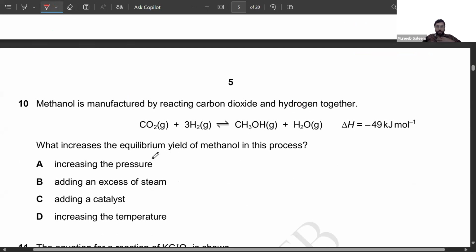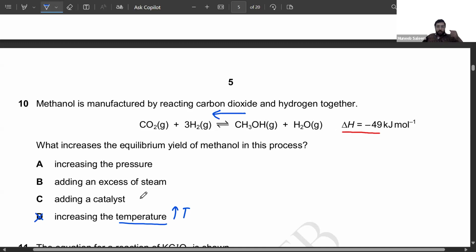If we look here, we can see this reaction is exothermic, which means that increasing the temperature should shift the equilibrium towards the endothermic side, which in this case is backward, because the forward direction is exothermic. So increasing temperature does not increase the yield of the methanol.